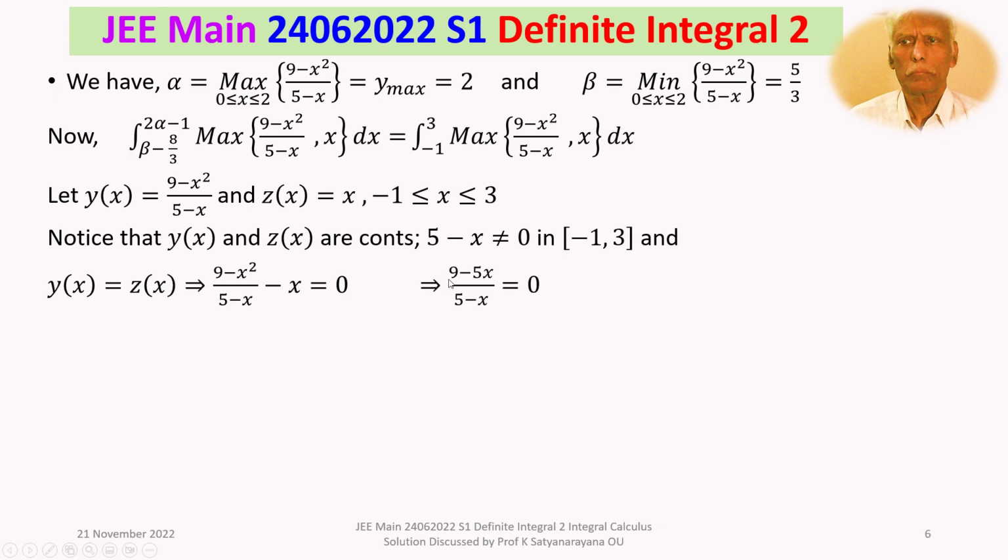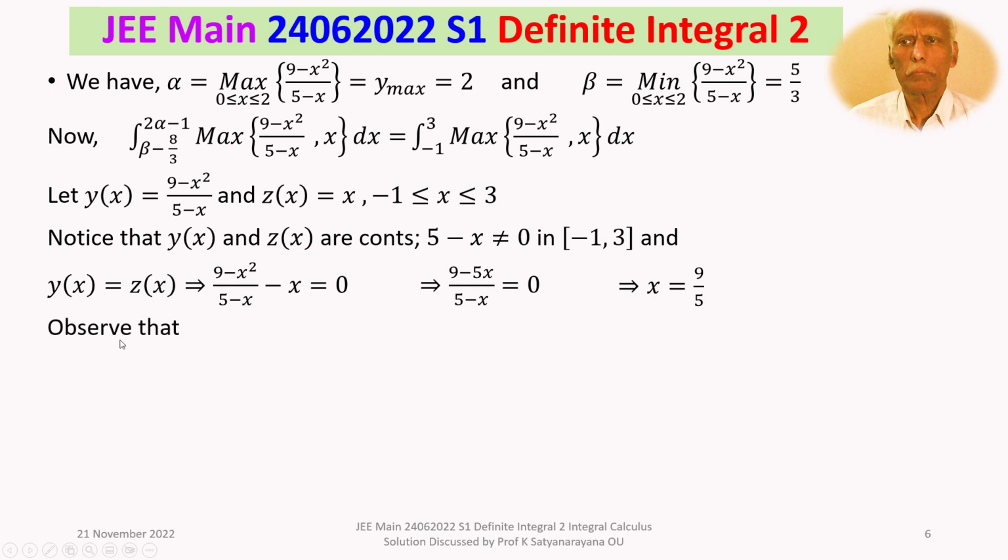Simplify, we'll get (9 minus 5x) by (5 minus x) is equal to 0. This will imply x is equal to 9 by 5. Again, the same situation has come, and let us compare the values of y of x and z of x from minus 1 to 9 by 5 and 9 by 5 to 3.